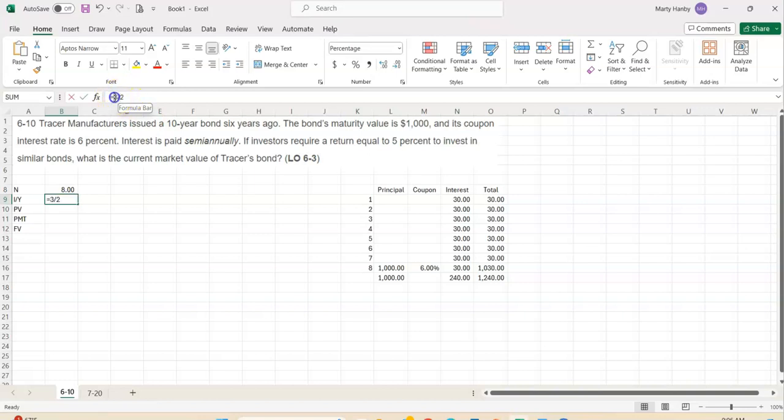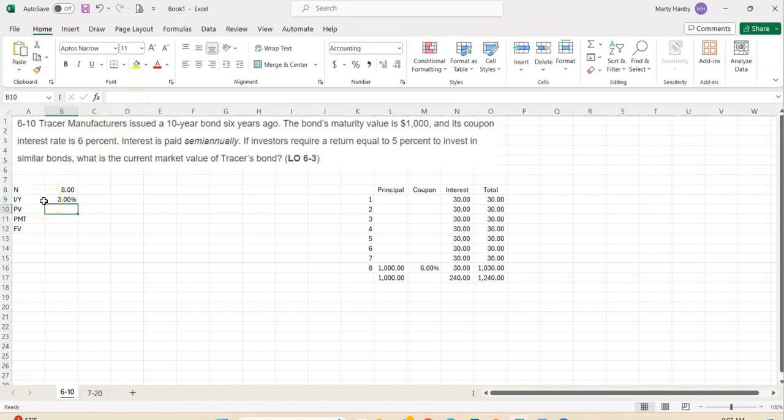Here, 0.06 divided by 2 will give us 3%.